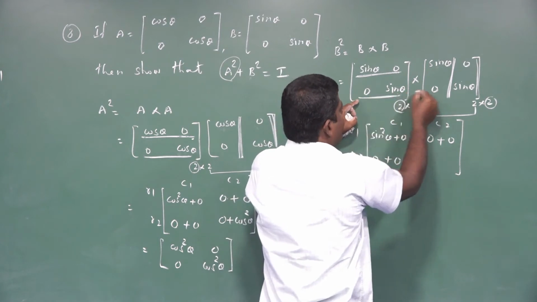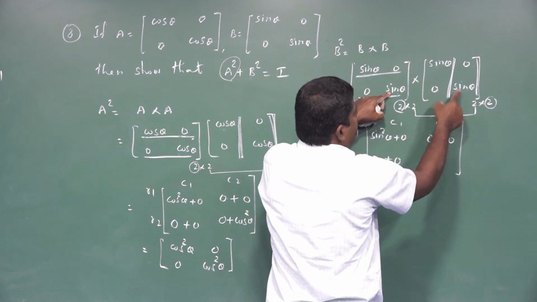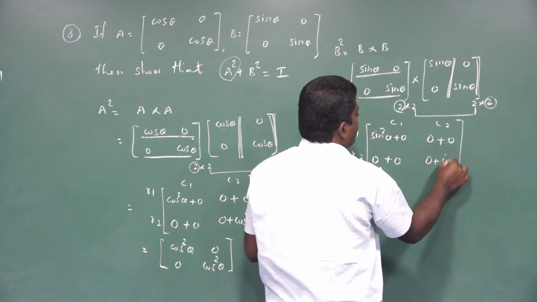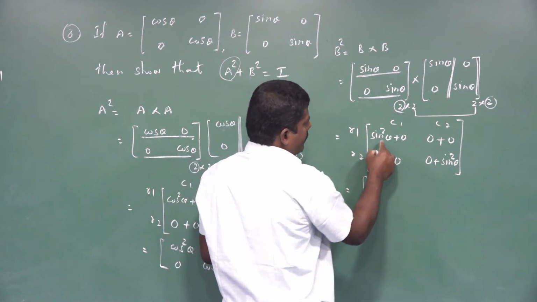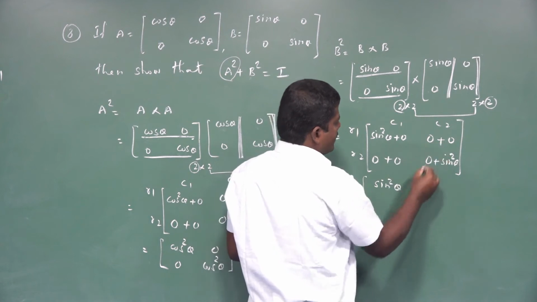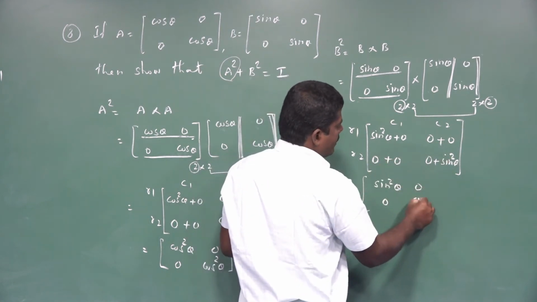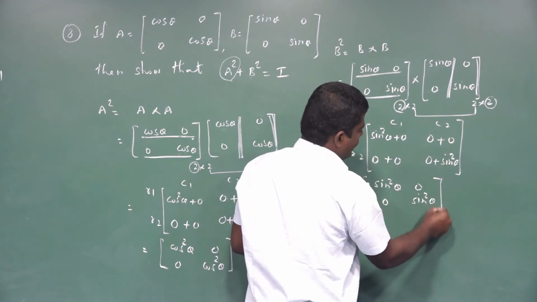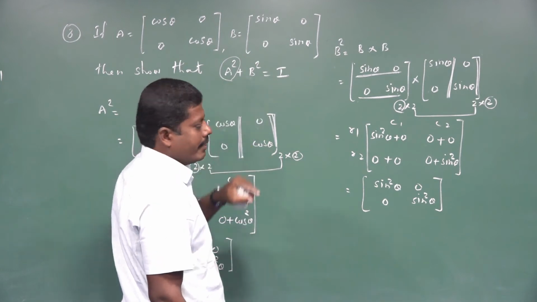Next second row, second column. 0 into 0, 0. Sin into sin, sin square theta. Now, sin square theta plus 0, sin square theta. 0 plus 0, 0. 0 plus 0, 0. 0 plus sin square theta, sin square theta. Understand?